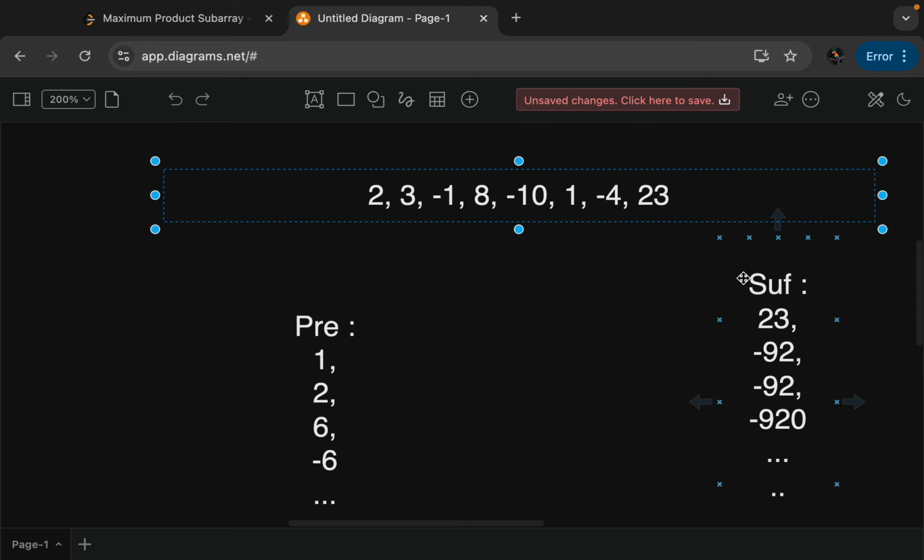Let me explain how that works. Say I need to exclude minus 1 from the subarray. Then there is a possibility that either the suffix of minus 1 would be the answer, or the prefix would be the answer.